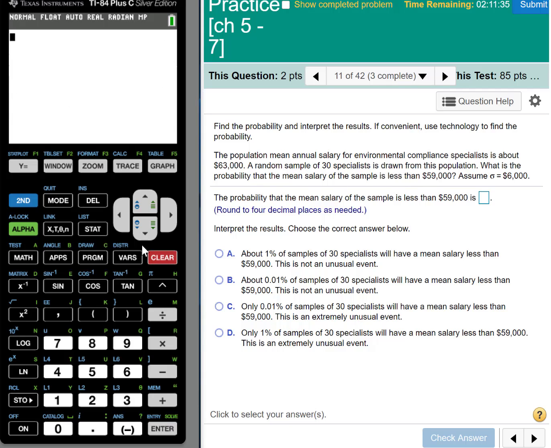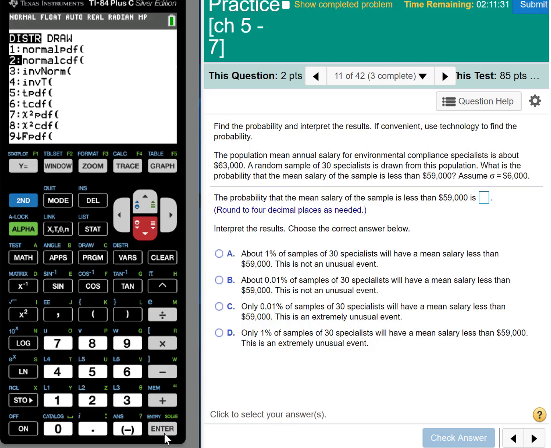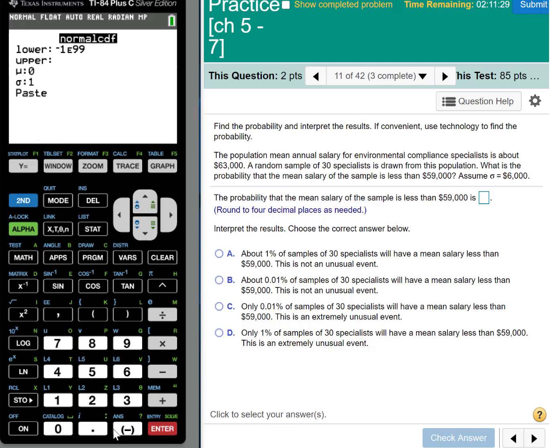Okay. Same thing, normal CDF. Less than, you have to start with negative a million. Enter. Upper is going to be 59,000. The mean is 63,000.